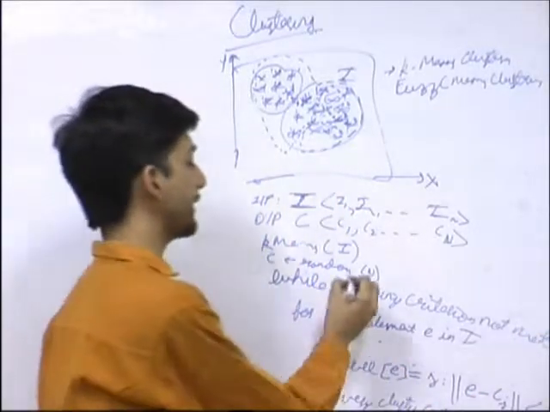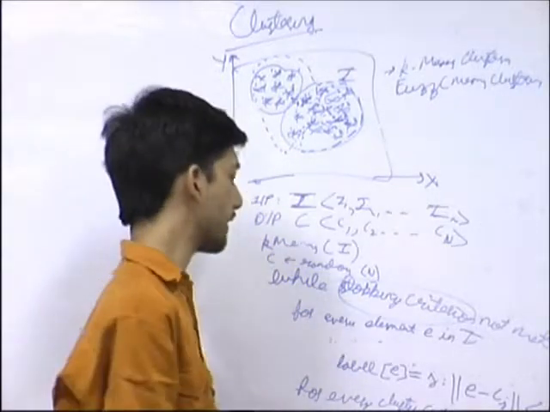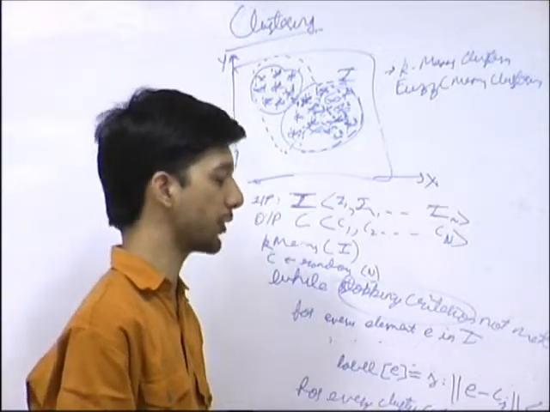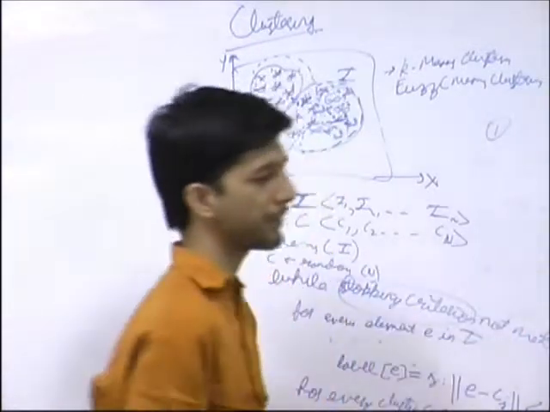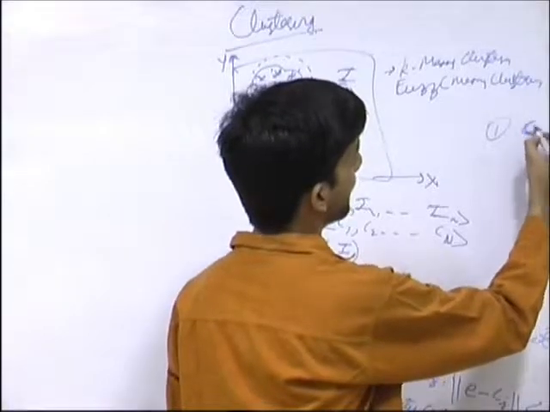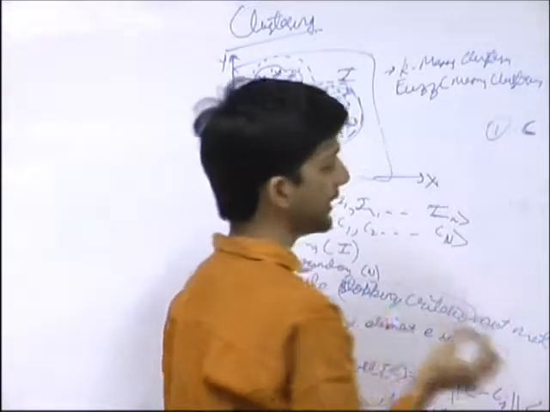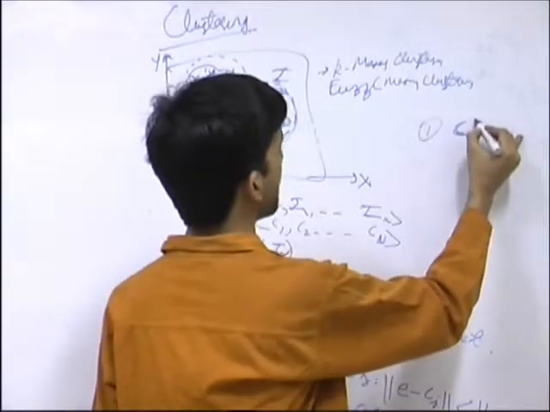Now what the stopping criterion is, normally I would take two kinds of stopping criterion. Any one of these I'll take. Firstly, the first stopping criterion that is normally taken is the cumulative movement of all cluster centers.